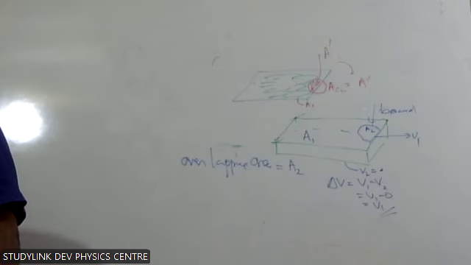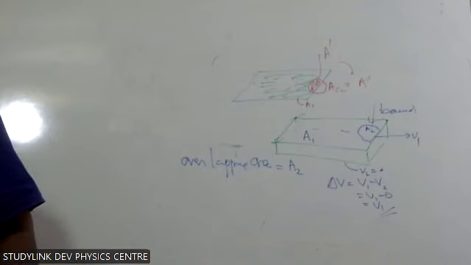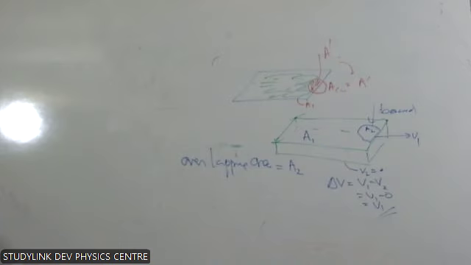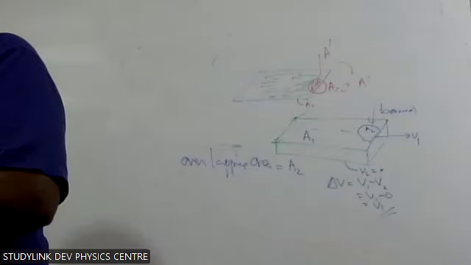If the coefficient of viscosity is 0.2 N s m^-2, find the viscous force, assuming that the overlapping area is 80 square centimeters.